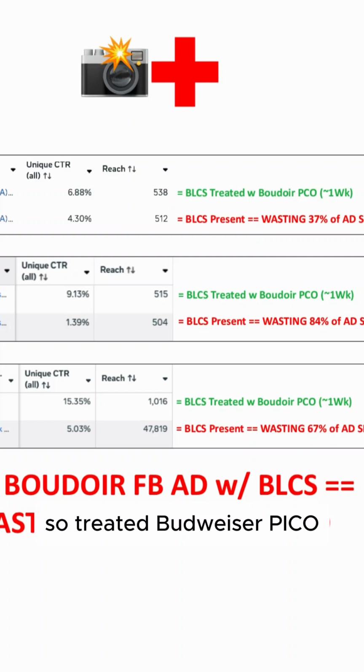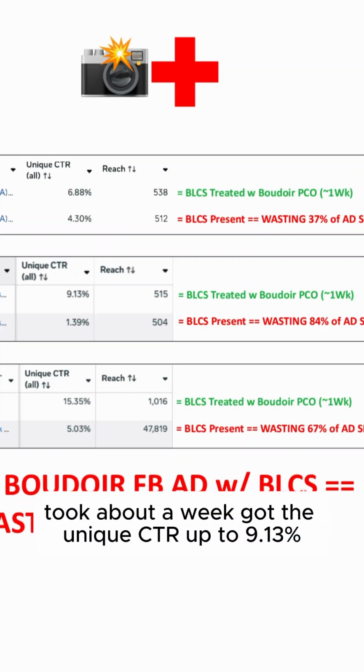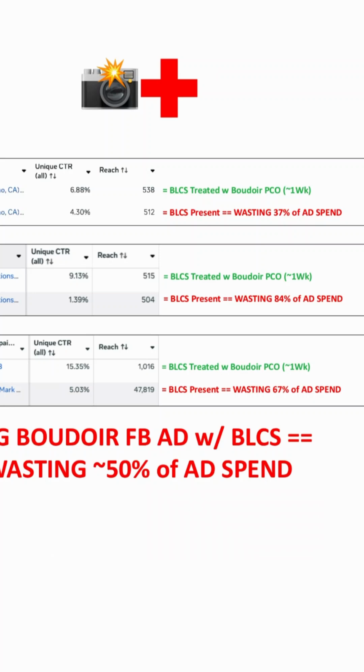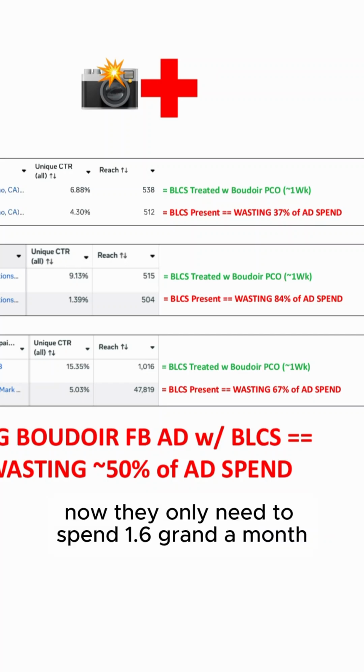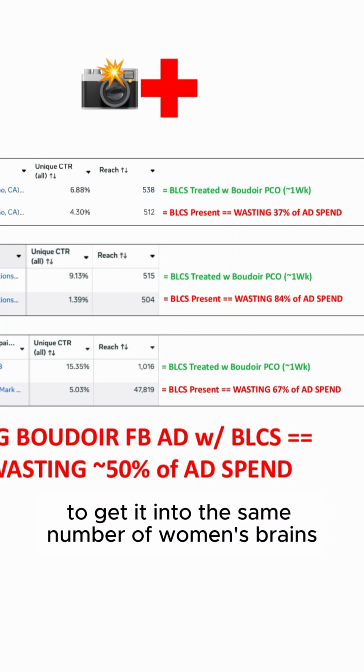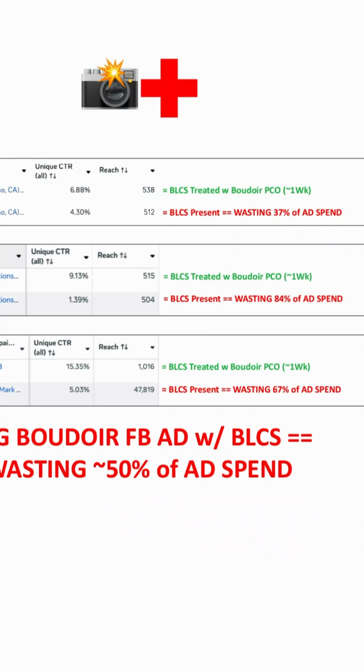So treated with Boudoir PCO, took about a week, got the unique CTR up to 9.13%. So found out they were wasting 84% of ad spend with the original Boudoir Facebook ad. So if they're spending 10 grand a month on the original Boudoir Facebook ad, now they only need to spend 1.6 grand a month on the Boudoir PCO treated ad to get it into the same number of women's brains.